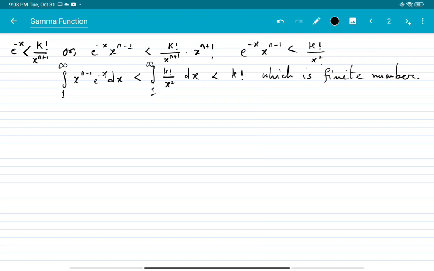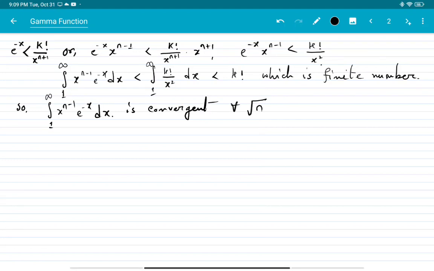Right. So what we can conclude is that this integral from 1 to infinity of x to the power n minus 1 e to the power minus x dx is convergent for all values of n.